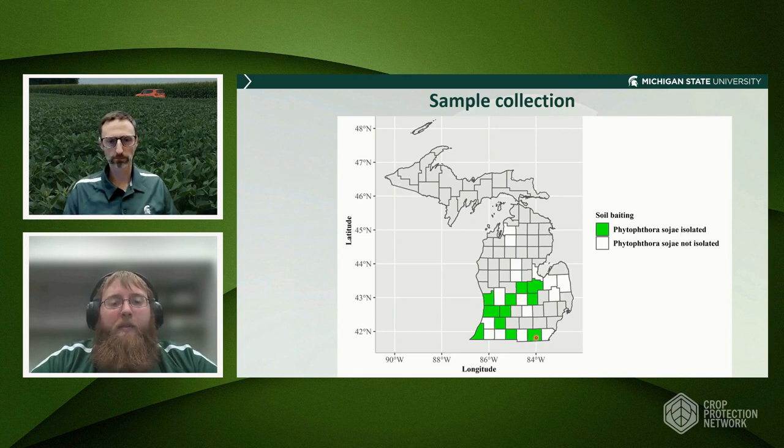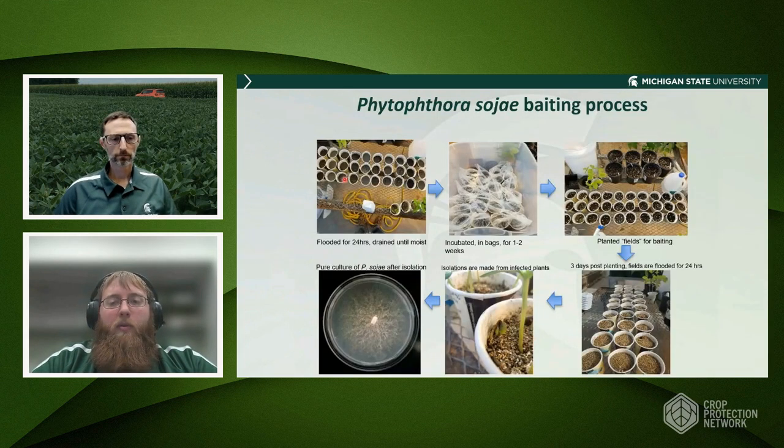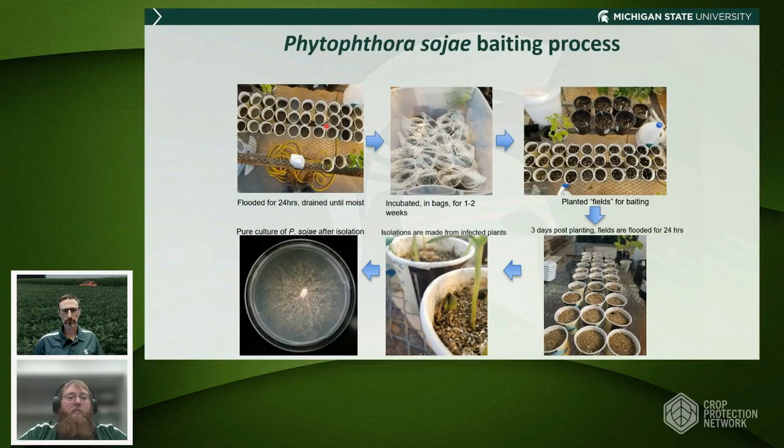Once we had those soils, we were able to bait them using a baiting process where we essentially produce a conducive environment for disease. So we take that soil, we homogenize it so it's very fine, put it into cups, and flood them so that they are very moist.